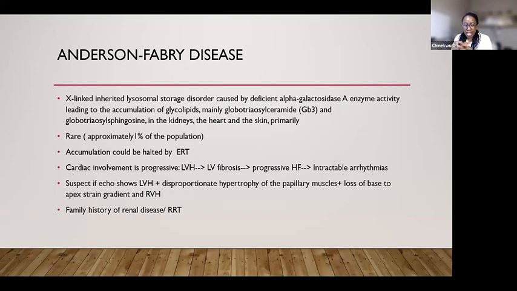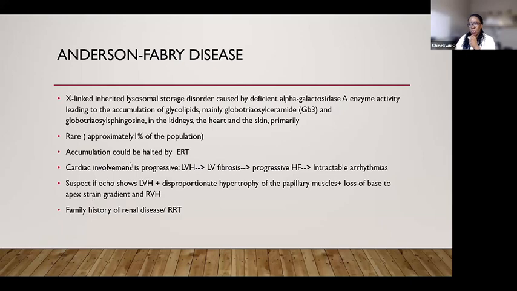The cardiac involvement is what determines how or when people die. It's usually progressive where, if we had the benefit of following up a patient, we would see that the first factor we would notice is LV hypertrophy and abnormal T1 time if you did an MRI at the time. And then we have fibrosis, and then progressive heart failure, and then intractable arrhythmias and heart failure.